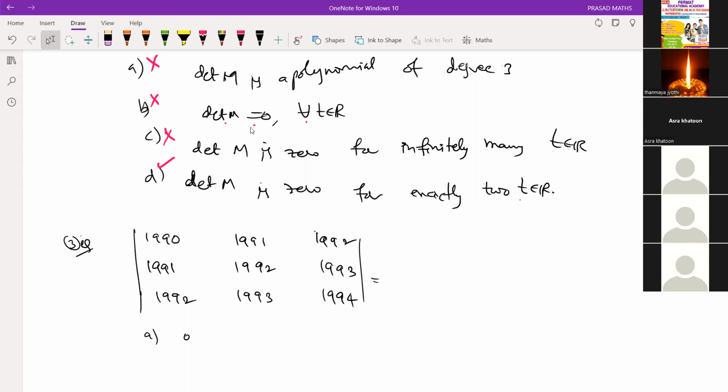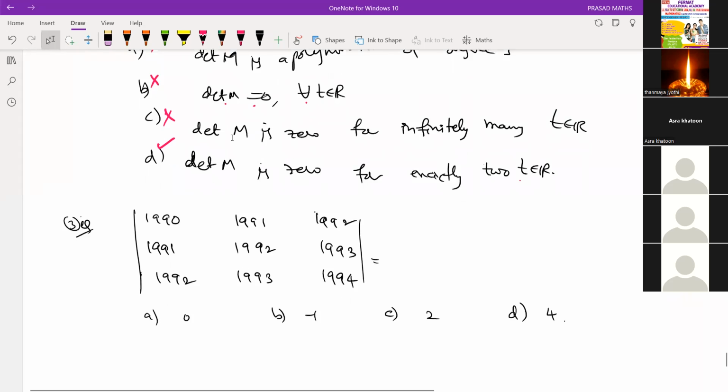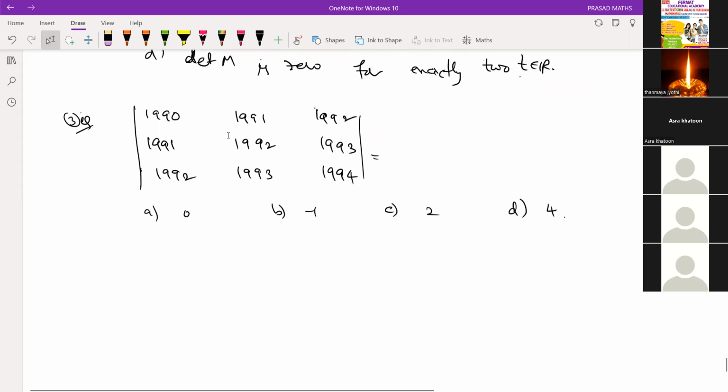Very beautiful problem, the order is like 19, 91, 91, 92. Can anybody guess the answer to this one? Third answer. Determinant of this value. I think Satish can do it.